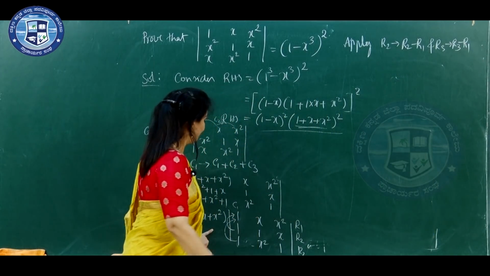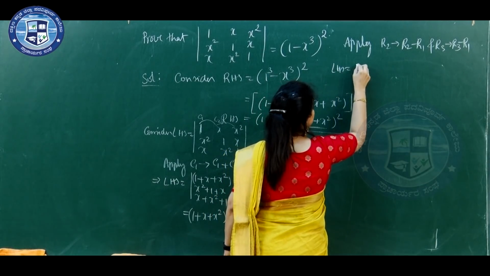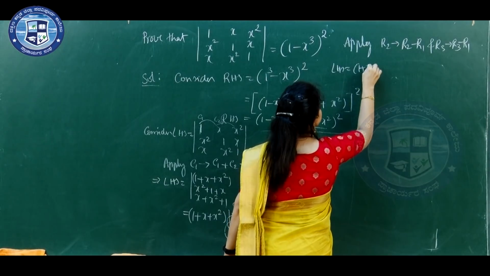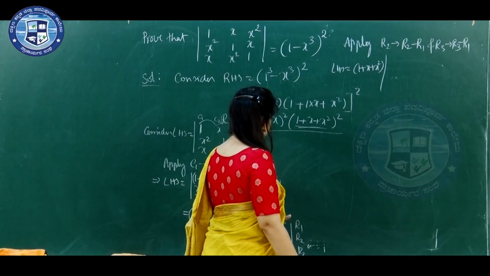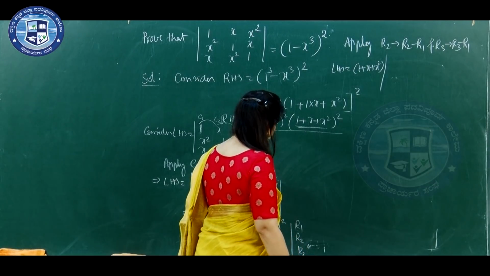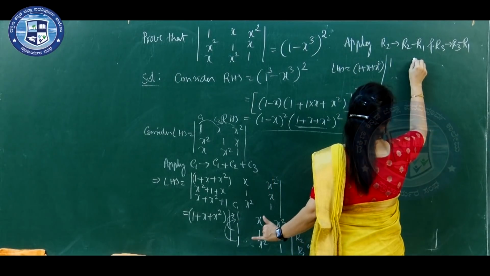Alright. So, LHS can be written as: the first factor is 1 plus x plus x square into the determinant of 1, x, x square. Here we subtract R2 and R1, the first row remains the same: 1, x, x square.